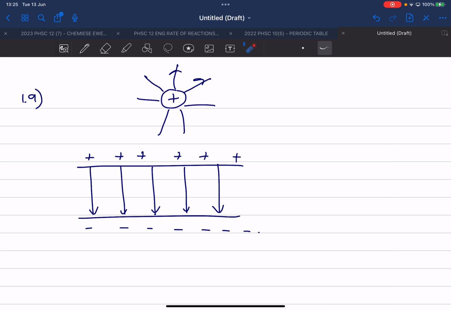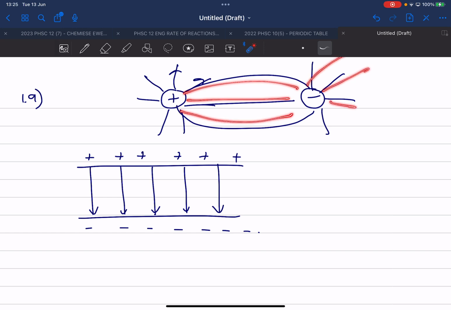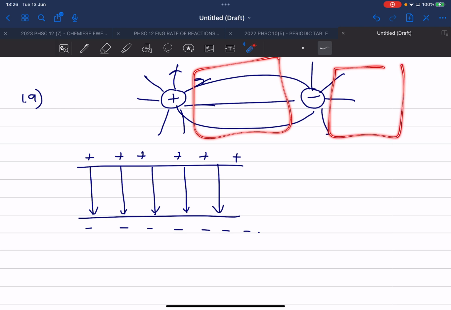Then, the electric field between two oppositely charged points is uniform. So, tussen hom en hom. Is that uniform? Nee. Because here they attract one another strongly. Hierso gaan dit weg van dit af. Dis nie dieselfde. Here and here it's not the same.